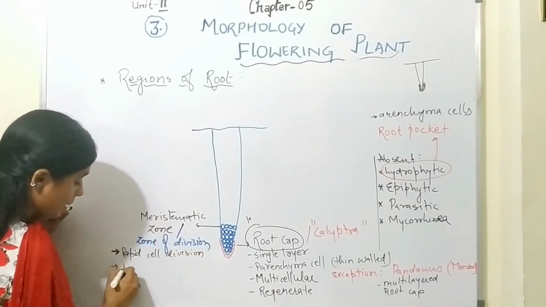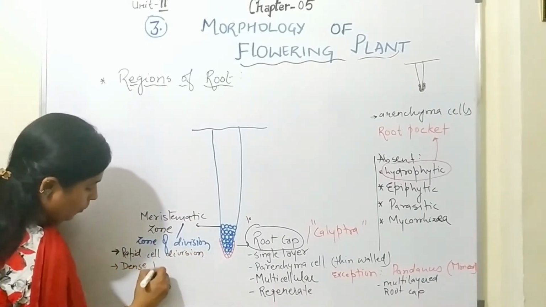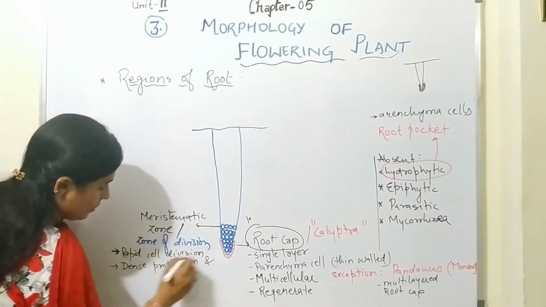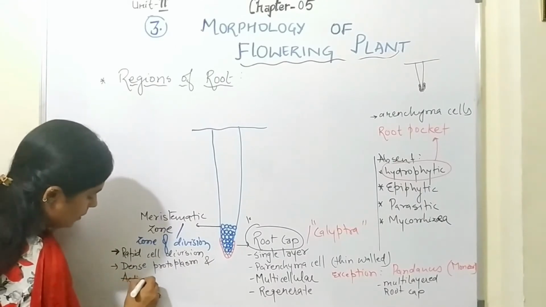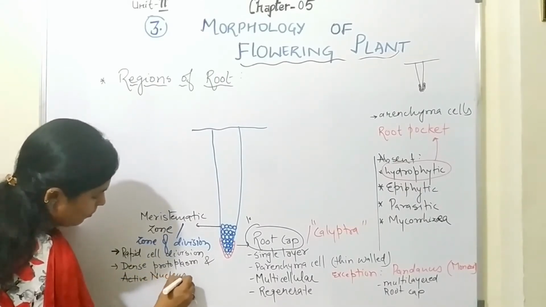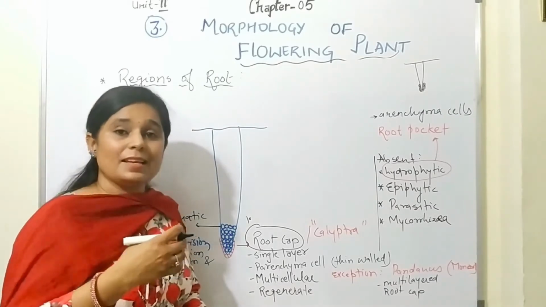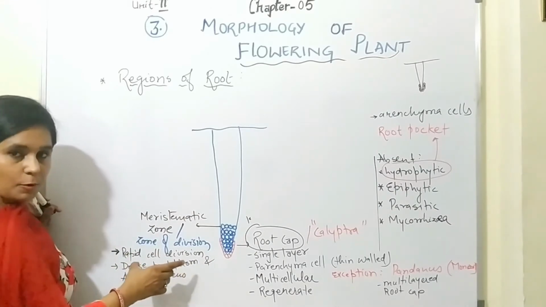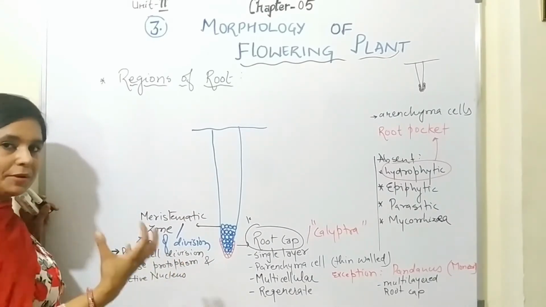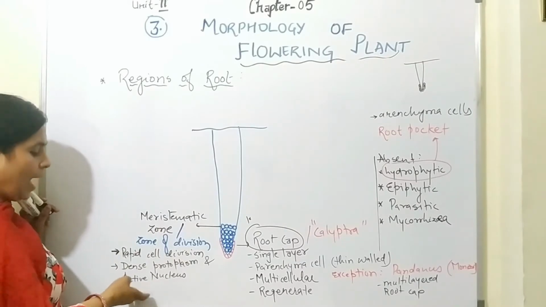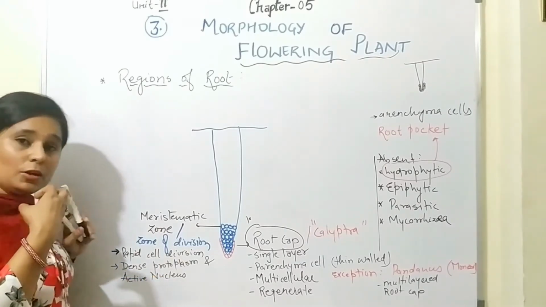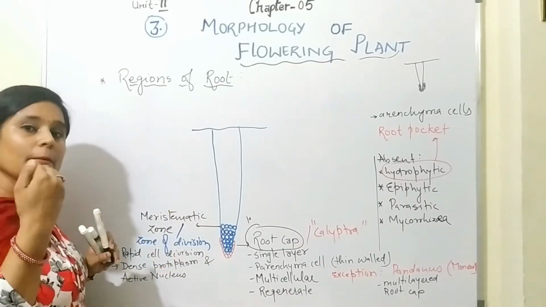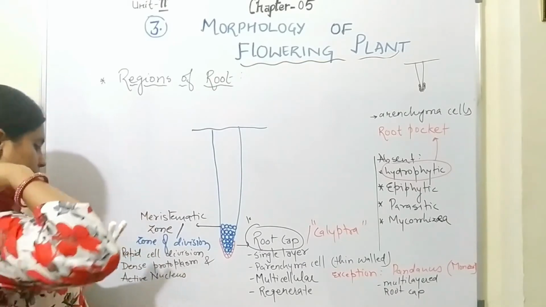You will find dense protoplasm and active nucleus. See, this is a very important point that whenever a cell is doing very rapid cell division, it should have dense protoplasm because you will find many nutrients in it which are required for cell division, and an active nucleus. Nucleus is a very important center for cell division, so it should be active so that it will be a quick process of cell division.